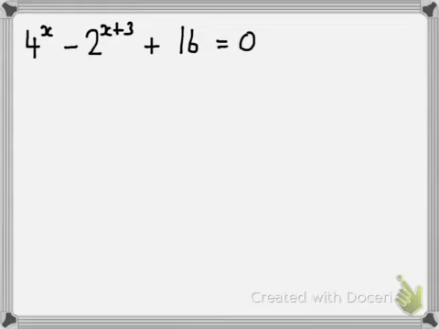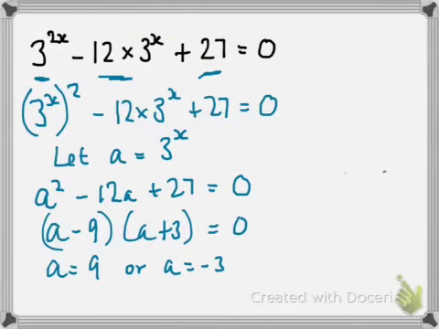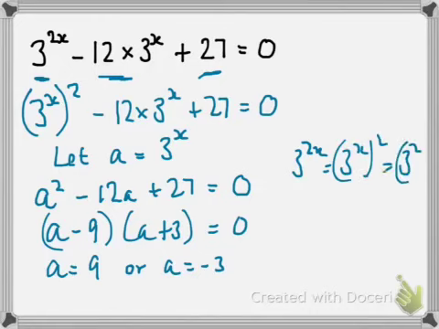Right, next one is a similar sort of question. But this time we've got the 4 and the 2. So if you caught on pretty well with the last one, this one might not be immediately recognisable. But we're going to have to do one little thing here. If you remember, I equated something back over here, and I mentioned that these three things were the same: 3 to the power of 2x, 3 to the power of x squared, and 3 squared to the power of x, all the same thing.